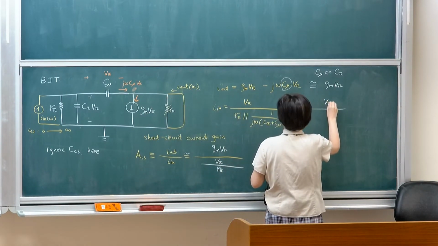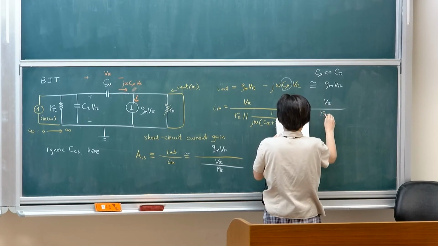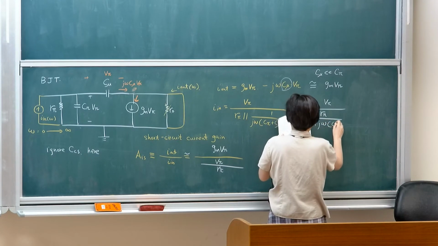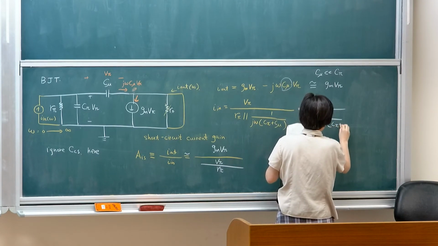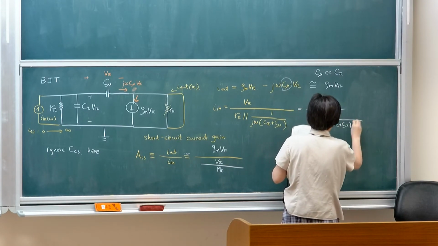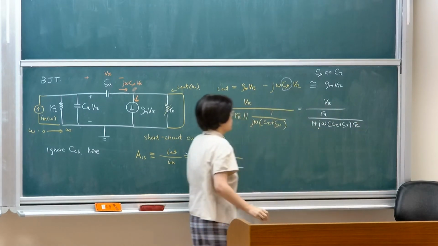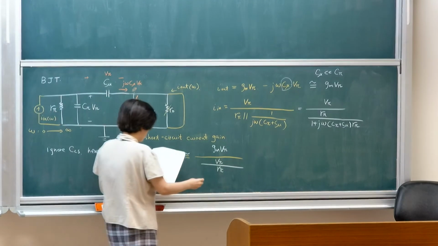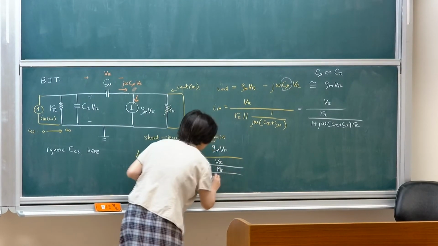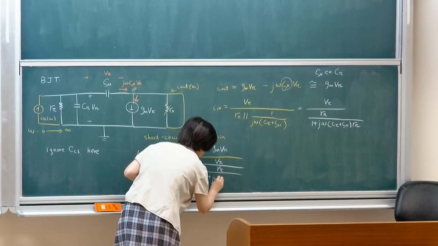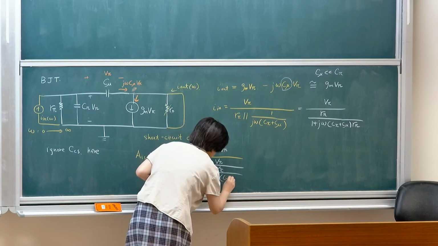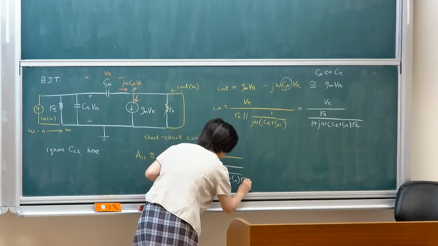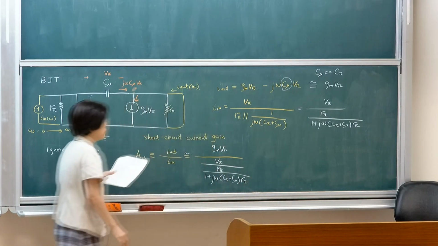This is v pi. It will be R pi, 1 plus, we do some rearrangement, j omega (C pi plus C mu) R pi. It will look something like that. And then this can be flipped at the bottom, 1 plus j omega (C pi plus C mu) R pi. Okay?